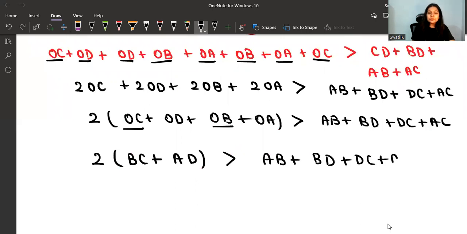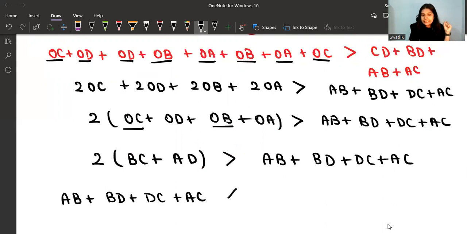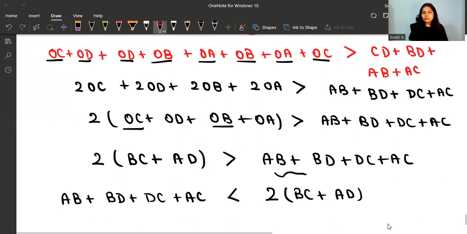And this is what we wanted to prove, that the sum of all the sides of a quadrilateral, which is AB plus BD plus DC plus AC, is less than, because I'm writing this part here on the LHS, of course, that part is lesser than twice of BC plus AD, the twice of the sum of its diagonals. This is what we wanted to prove.